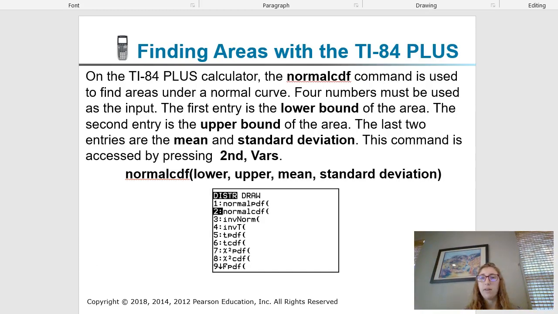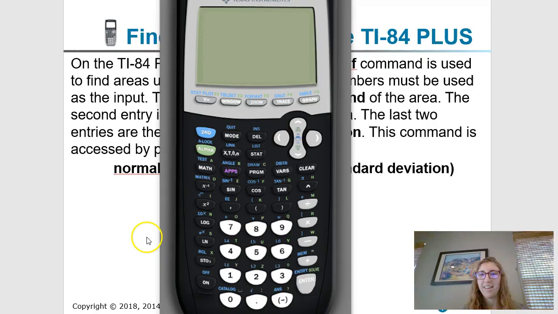Okay, so in the graphing calculator, we are going to go to second and then vars, just like we did for our binomial PDF and CDF. Then you're going to select this second thing right here. Let me show you in the calculator here.